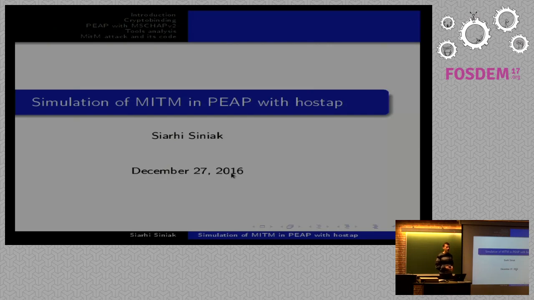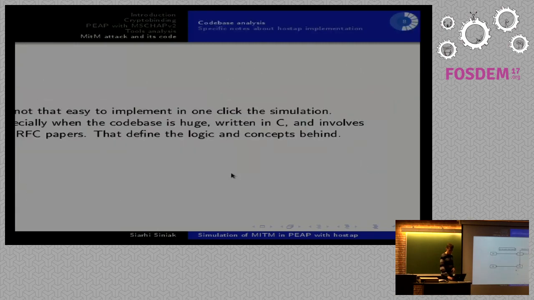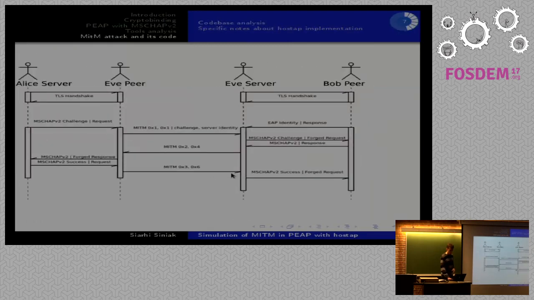So we can just play around with it without setting up a rogue access point or putting in an additional man-in-the-middle node. That example has the exact setup: PEAP with MS-CHAP v2, without RADIUS, just credentials built in.